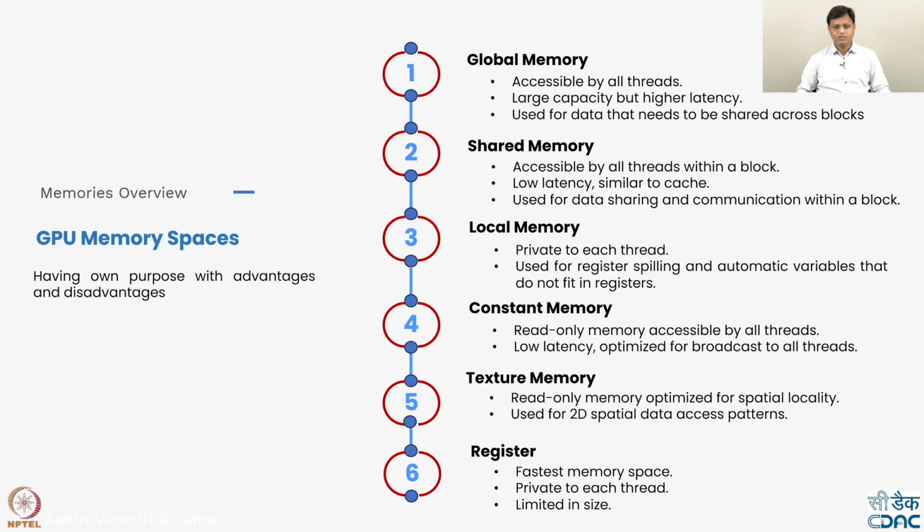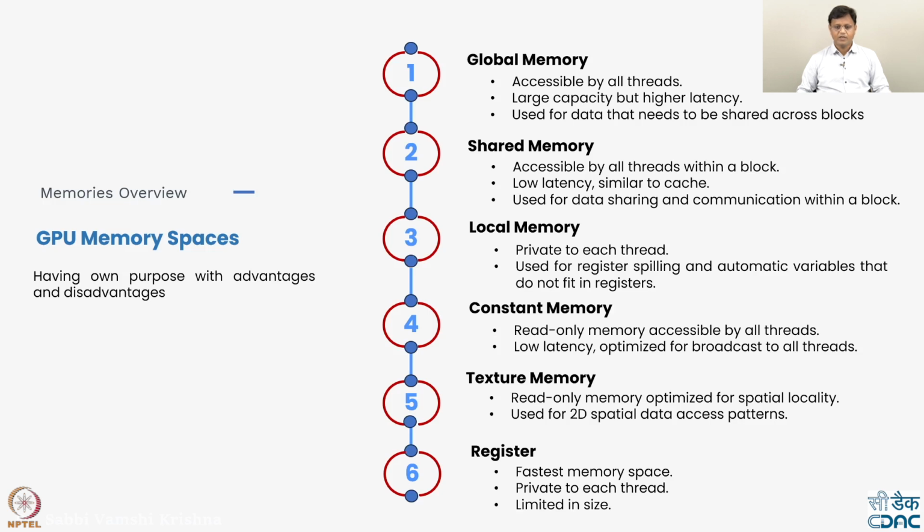It has low latency and it is optimized for broadcast to all the threads. Next one is the texture memory. It is a read only memory and it is optimized for spatial locality. So, this kind of texture memory is useful for image processing or graphics processing.